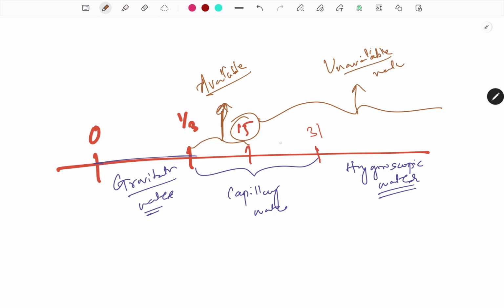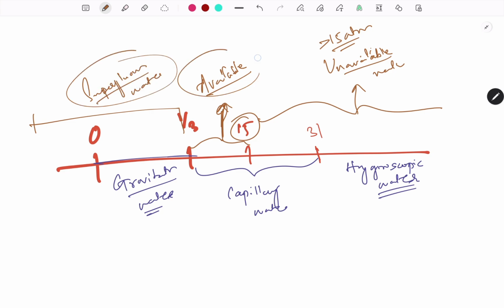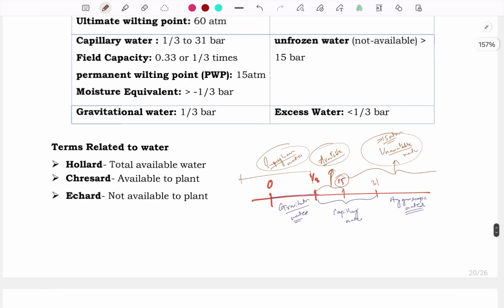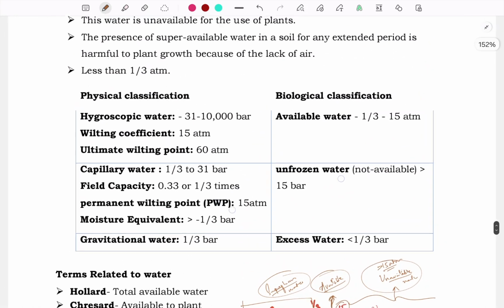It is held at more than 15 atmospheric pressure. And the superfluous is less than one third. This is superfluous water. These three are the biological classification of water. These three are the physical classification of water. You remember this diagram, so you will not be confused. And this is what is given here.